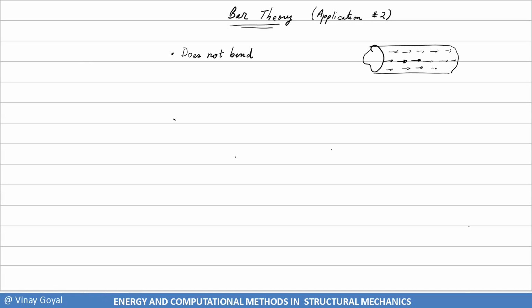Then I have a load, and these coordinates x1, and the length, let's call it L.